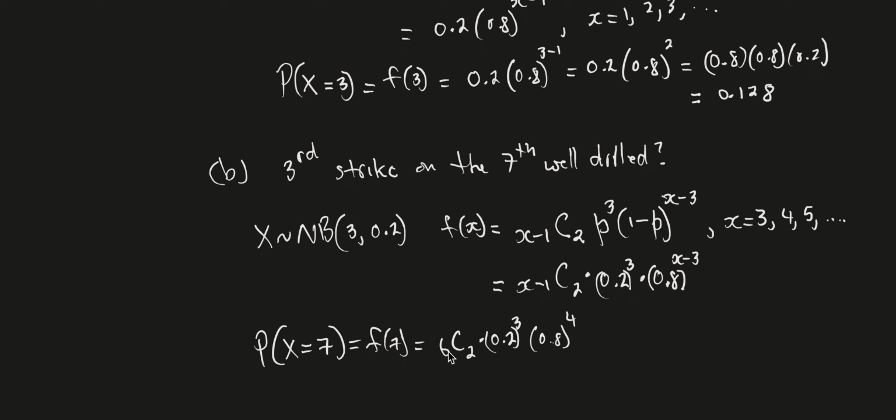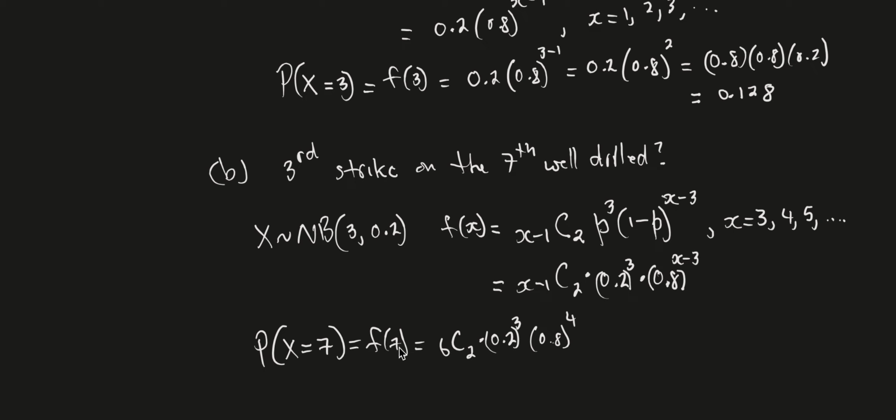Now, when you're setting up your negative binomial probabilities using this PDF, when you get to this stage, make sure that these two powers add up to your number of trials, because this is saying you want to have 3 successes and then 4 failures in these 7 trials, right?